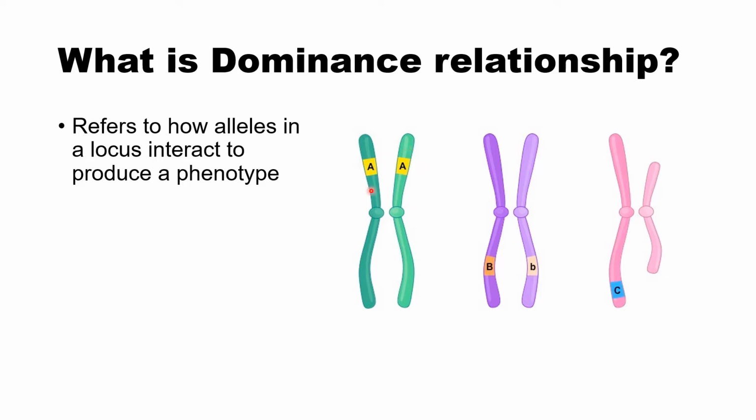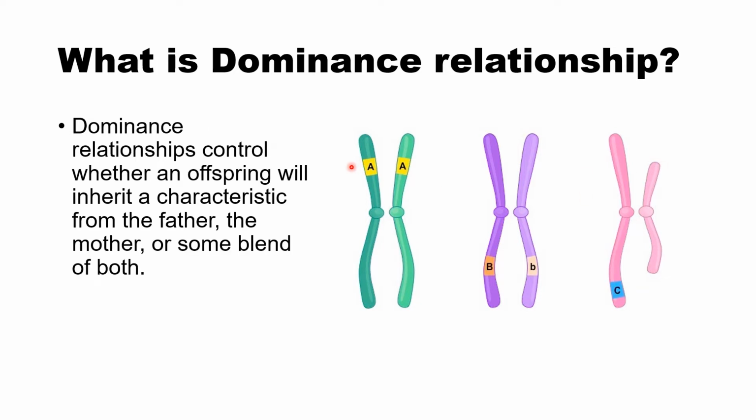So kung paano nga ba itong mga allele na to, they nag-interact with each other para makapag-produce ka ng mga characteristic ng isang phenotype. So, dominance relationship controls whether an offspring will inherit a characteristic from the mother, or some blend of both. So, yun yung dominance relationship.